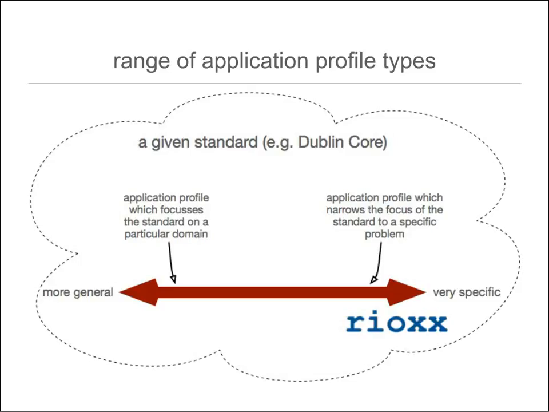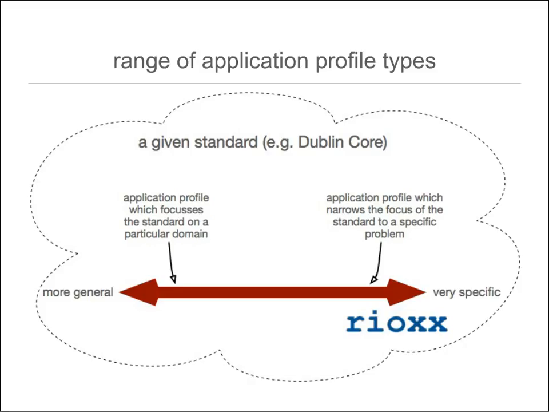So it's my contention that there are different types of application profile, clearly, and I tend to put them onto this sort of spectrum where we have application profiles which have been developed to provide a range of interoperability solutions in a general domain space.